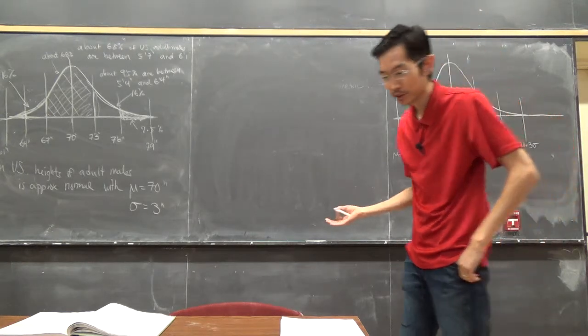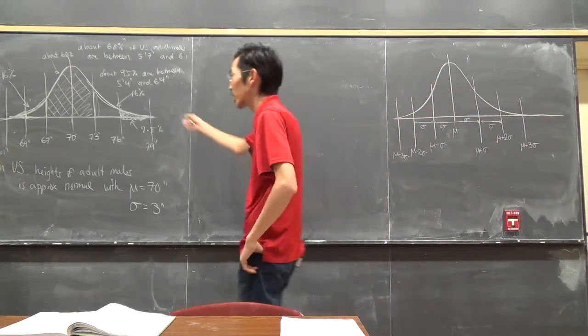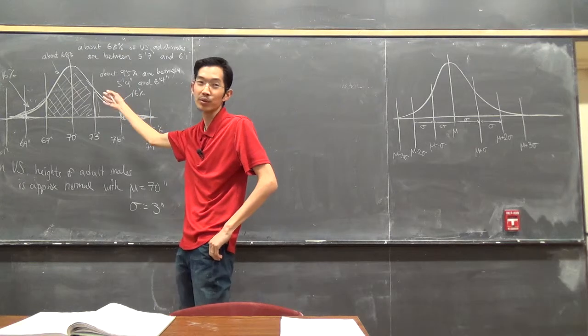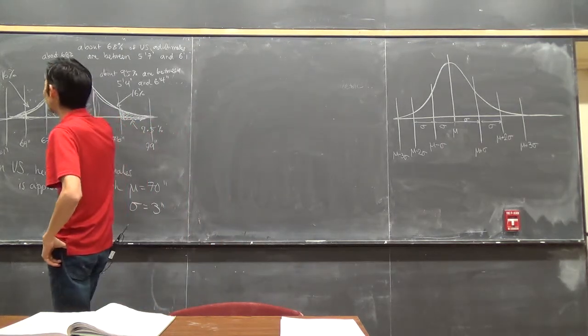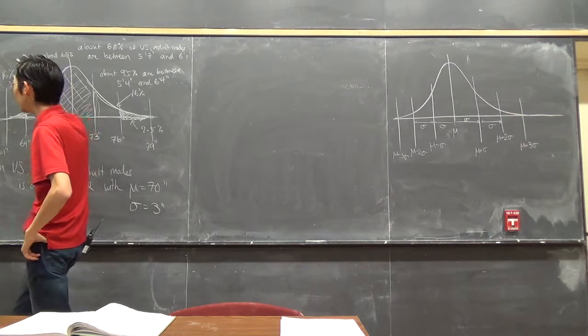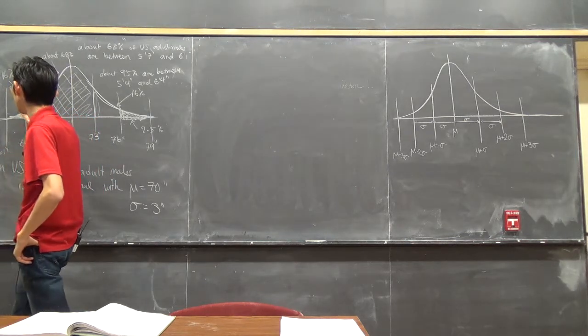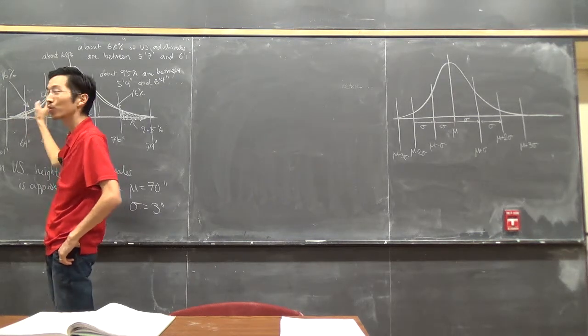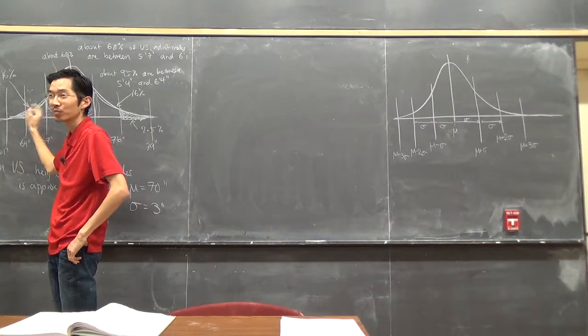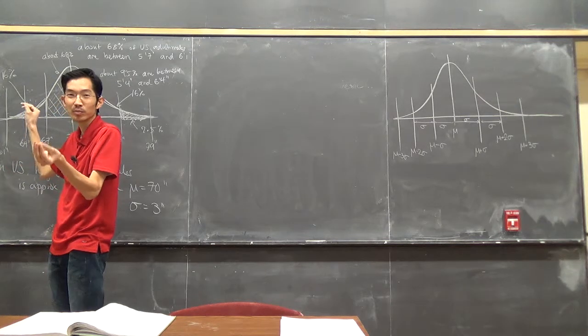Well, that question cannot be answered so easily using the empirical rule. We know that the percentage shorter than 66 inches would be less than 16%, right? And also more than 2.5%. But beyond that, it's hard to come up with a good answer.